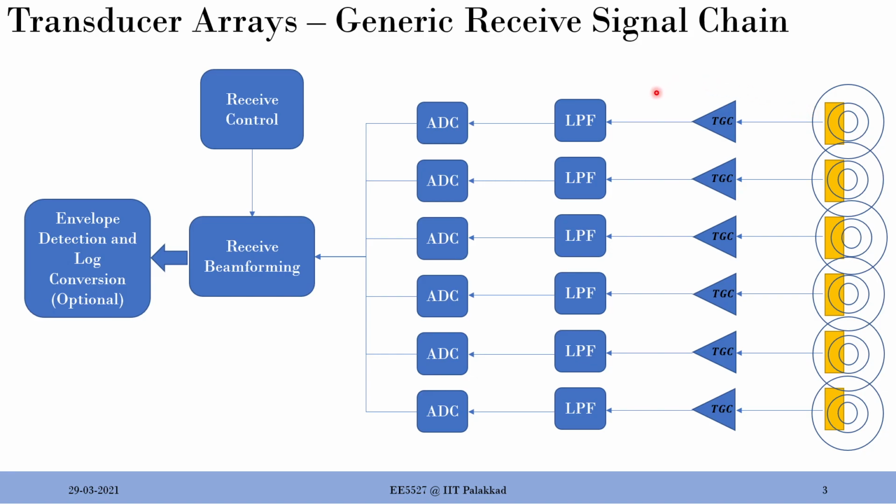Then in many cases, like ultrasound imaging or other cases where we do depth imaging, we know that the intensity of the wave gets reduced with depth; it is inversely proportional to the depth. We already did that derivation and discussion. So we need to do some time gain compensation. TGC basically means time gain compensation.